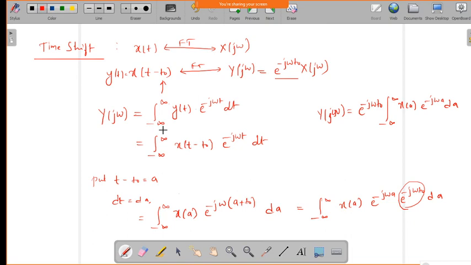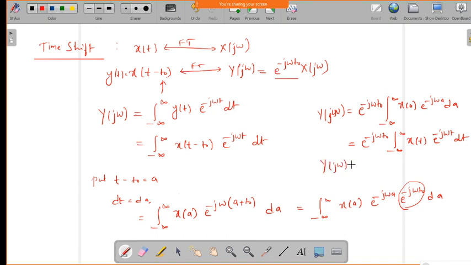If you compare here, a is a dummy variable, so we can replace it again by t. That is e power minus j omega t naught into the integral from minus infinity to plus infinity of x of t into e power minus j omega t dt.